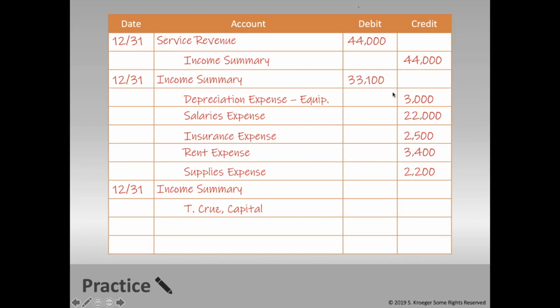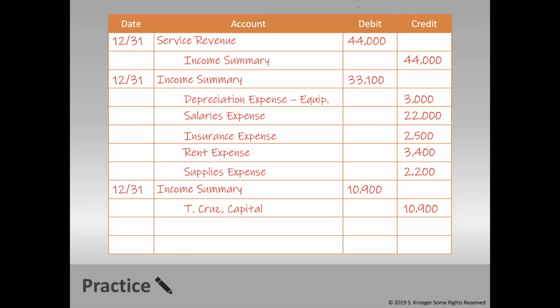Revenues minus your expenses will get you your net income. So 44,000 minus the 33,100 would be the 10,900, and we would put that value in. That was my income. That's what's in income summary, and that's what we're closing from income summary into capital.